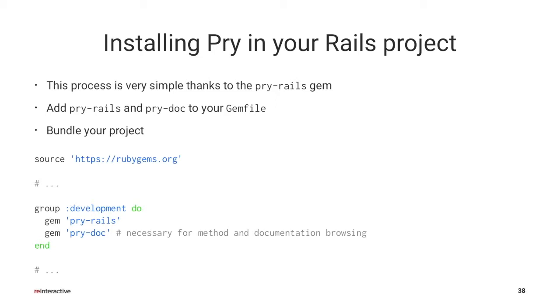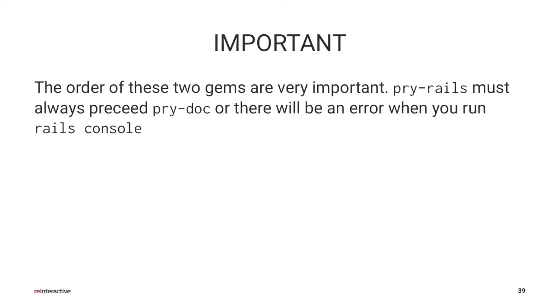You go to your Gemfile, you add the pry-rails gem, you add the pry-doc if you want to see documentation or the source code, you need that gem. The one important thing is pry-rails always needs to come before pry-doc in the Gemfile. Otherwise, it will raise errors when you try to run the console.